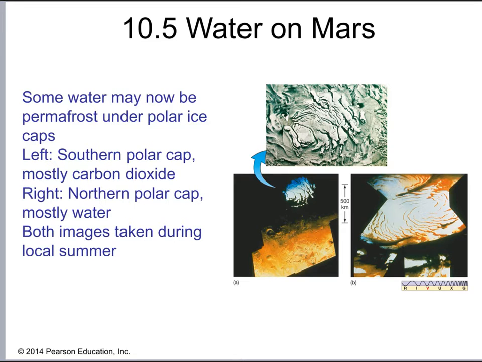The polar ice cap in the northern hemisphere seems to have more water and less carbon dioxide ice covering it. Both of these images were taken during the summer. The northern hemisphere and the southern hemisphere have summers at different times, obviously, but each of these pictures of the southern and northern hemispheres, respectively, was taken when it was summer at those locations.